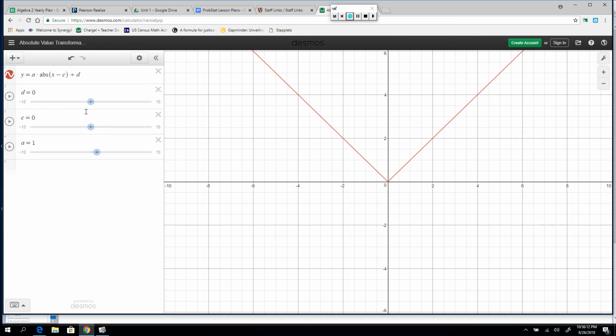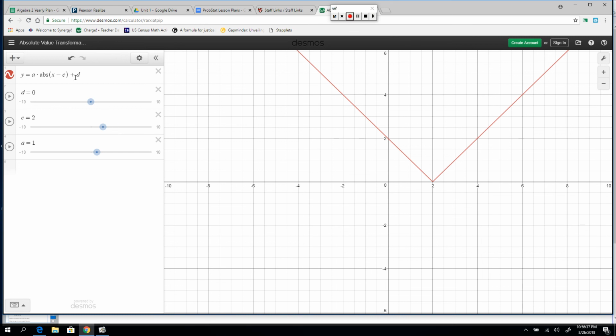And now we're going to play with c. We're going to slide the variable c to the number 2. So let's slide c and see what happens. If we make c into 2, what happened? We moved the graph, we picked up the graph and we moved it right 2. So whenever a value here increases, we move right 2.